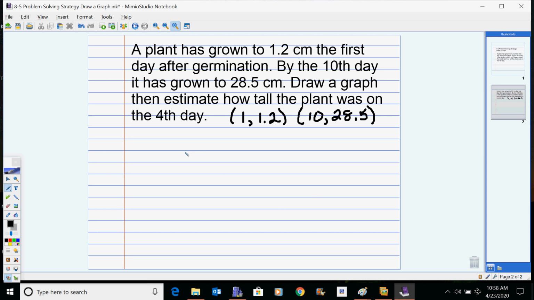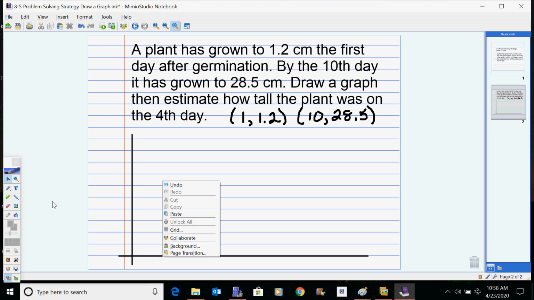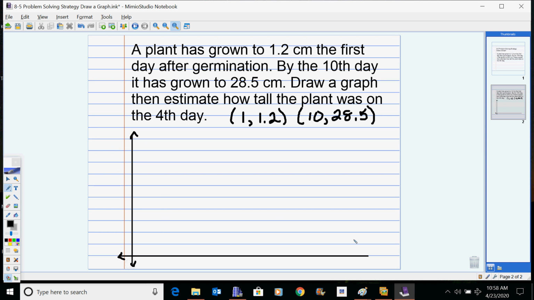So then our job is going to be to draw a graph. We're going to make a meaningful graph, which means that you need to make an axis that goes this way, and you need to make an axis that goes this way. We're used to calling them the X and Y axes, but in this case, rather than being X and Y, we're going to label them with what they represent.